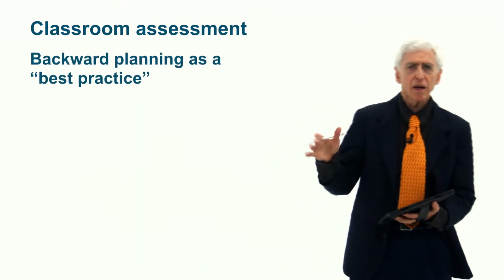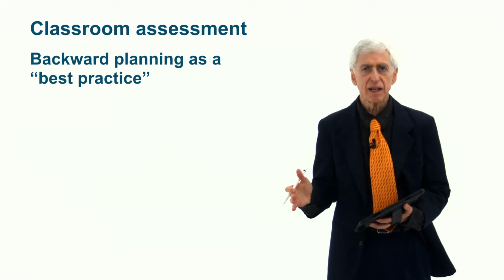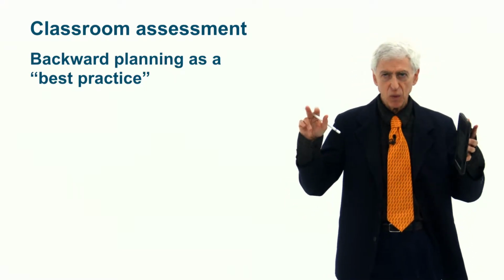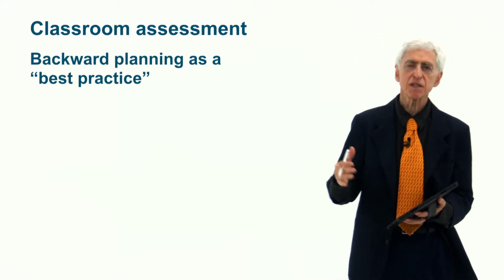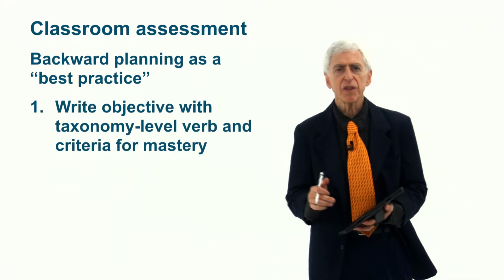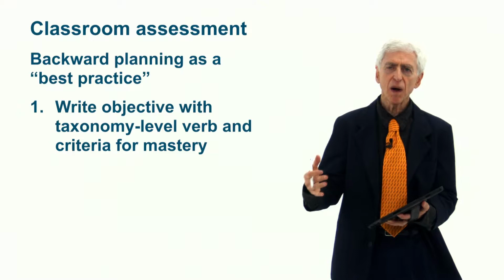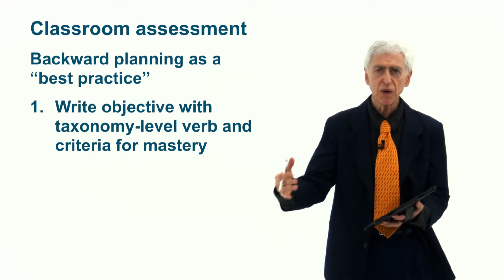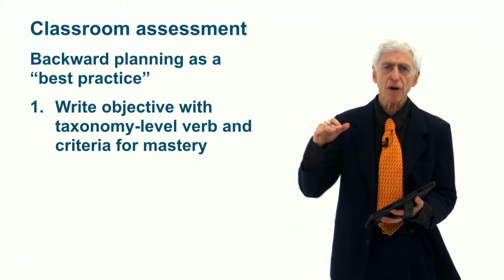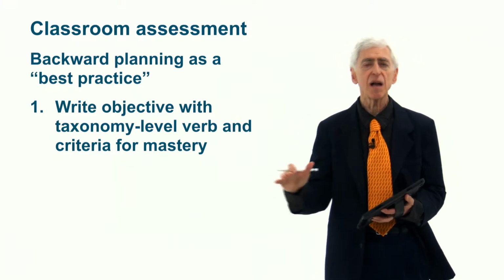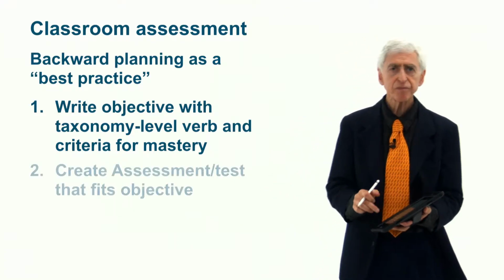Well, I mentioned a while ago about backward planning. It's what some people call a, quote, best practice in education. We plan backwards. We start with writing an objective of what we want our students to be able to do and demonstrate at the end of the lesson, and then what criteria and what level of the taxonomy it needs to show.